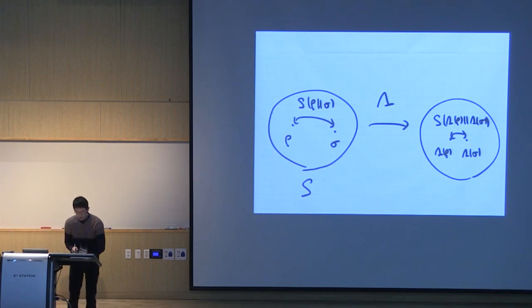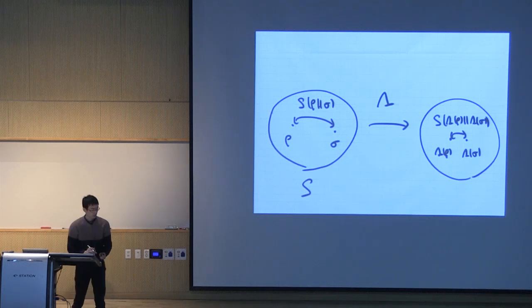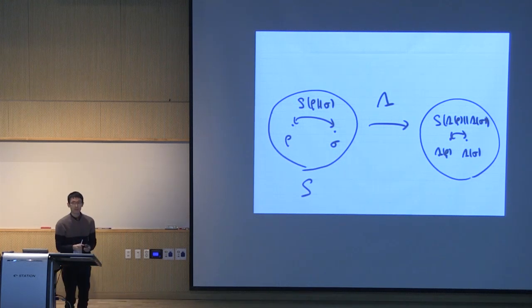Lambda is not necessarily unitary. And there are a few properties I should write here. Relative entropy is known to be positive. This is important.